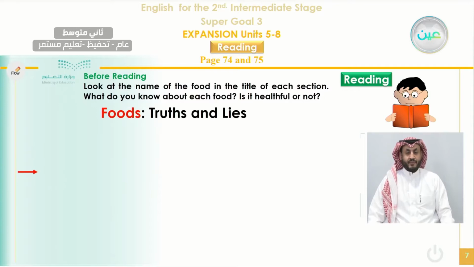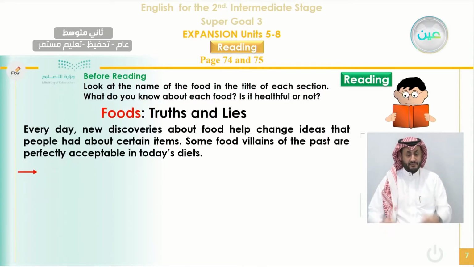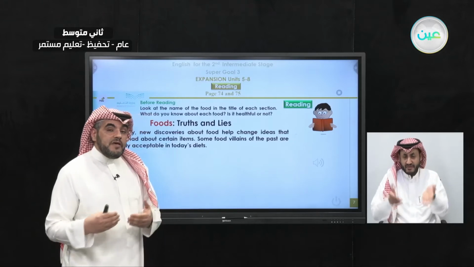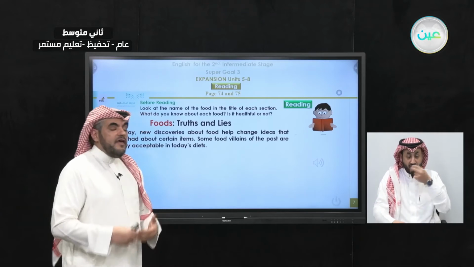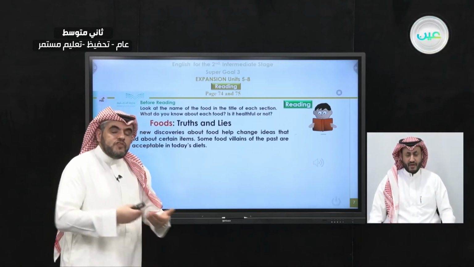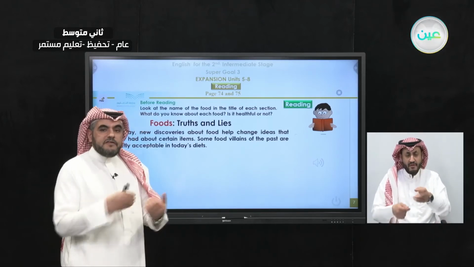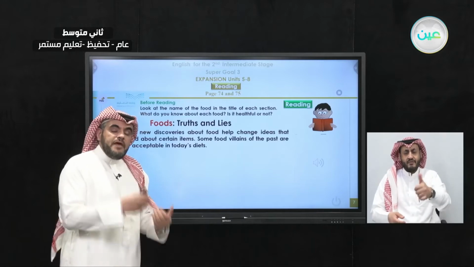Now, we start with the first one here under the title Truths and Lies. Okay, let's read the introduction here. Every day, new discoveries about food help change ideas that people had about certain items. Nutritionists, or the people who are specialized in food, sometimes discover new things about foods and the effect that foods have on our body.